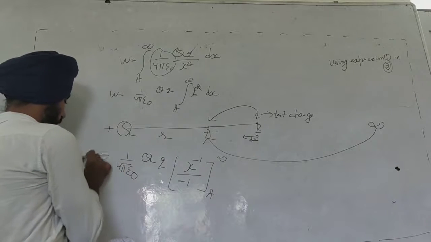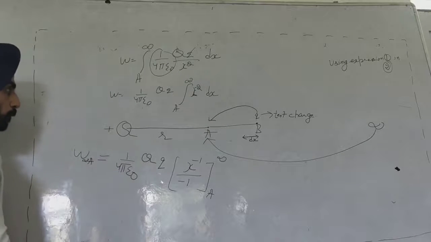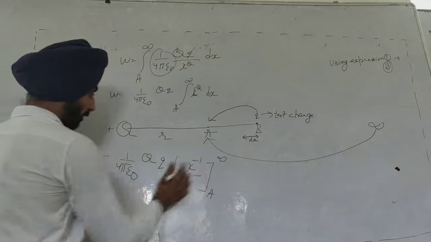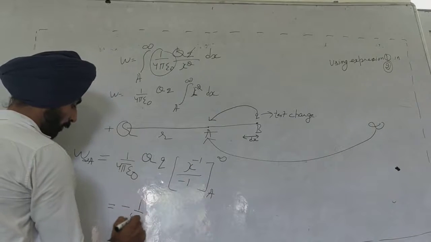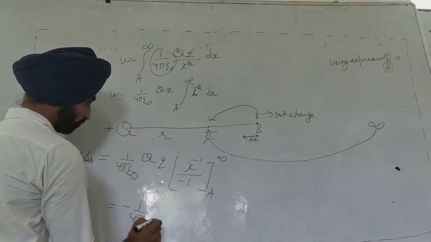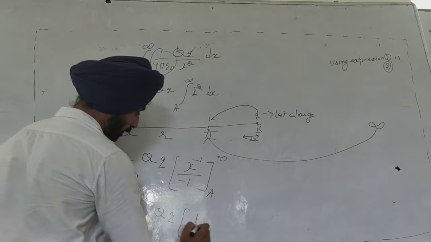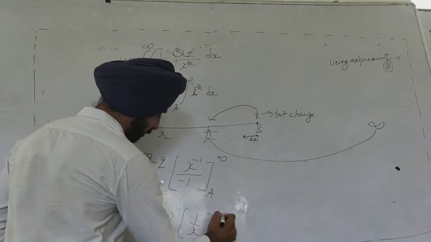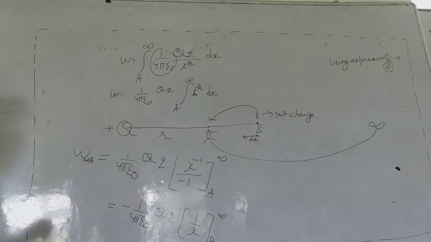So this is the work done from infinity to a. So what will be here? Minus 1 upon 4 pi epsilon naught q, 1 upon x. The value is from infinity to a.